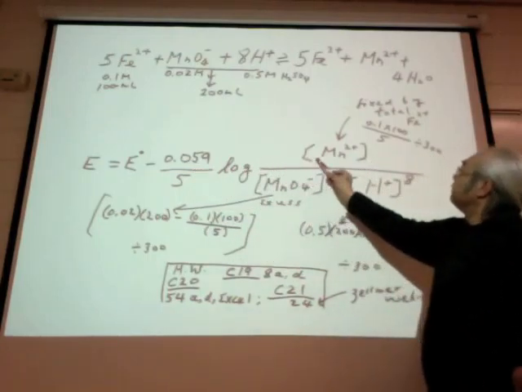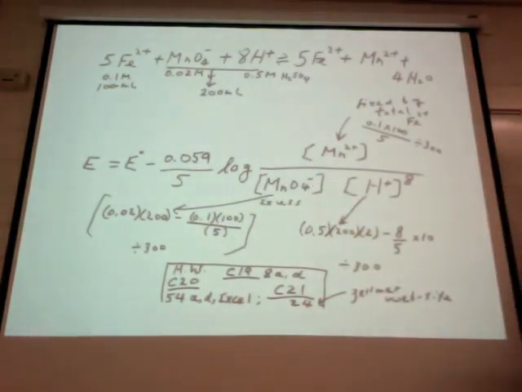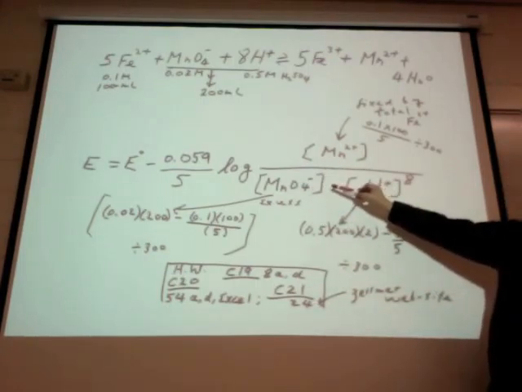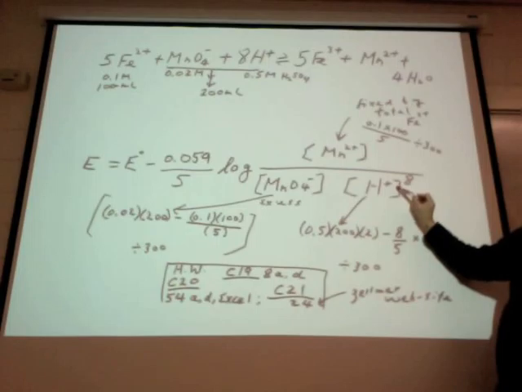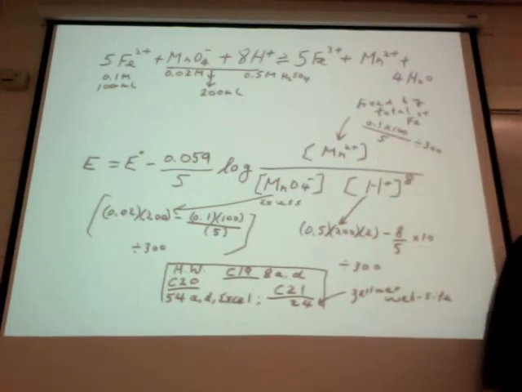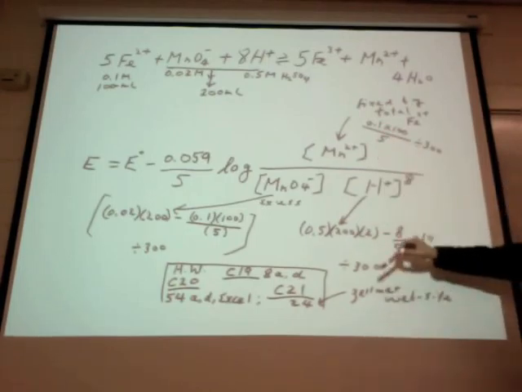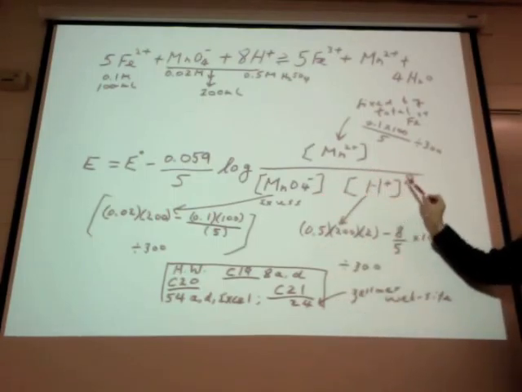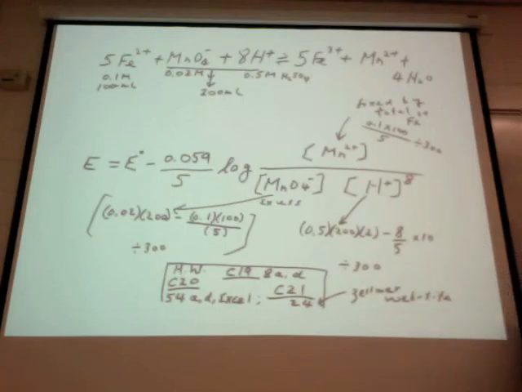It's written up like this, and based on the manganese substance, don't forget the H+. It comes from that as well. So this is your half reaction. It still carries the A.